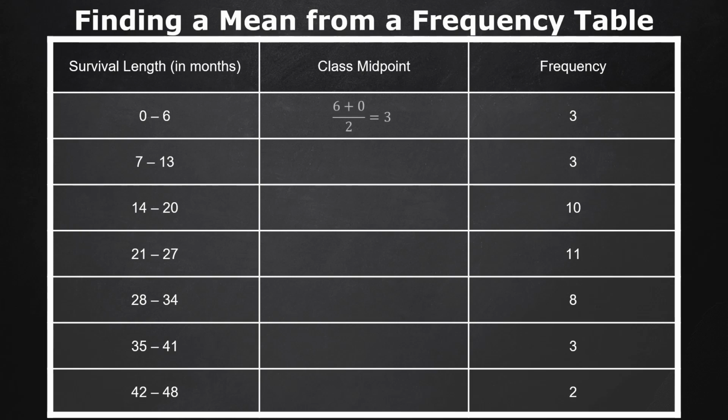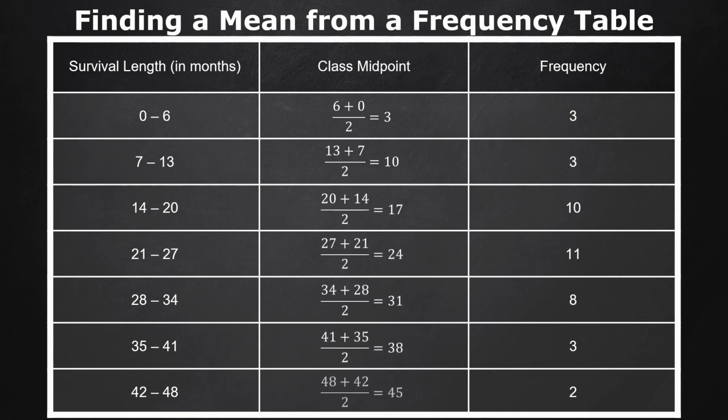For example, 6 plus 0 divided by 2 will give us a 3. 13 plus 7 divided by 2 will give us a 10. 20 plus 14 divided by 2 is 17. So we do this over and over until we have all the class midpoints.